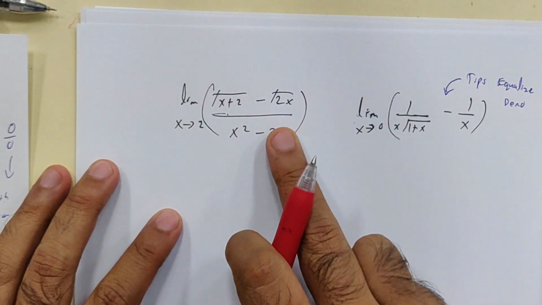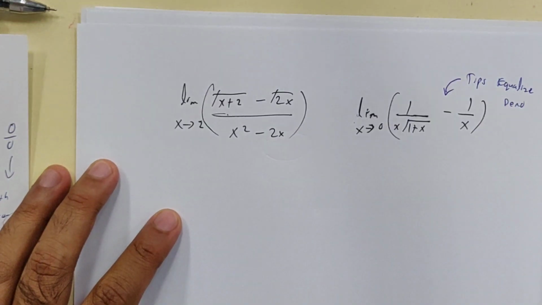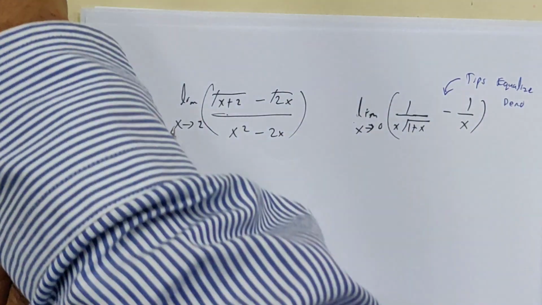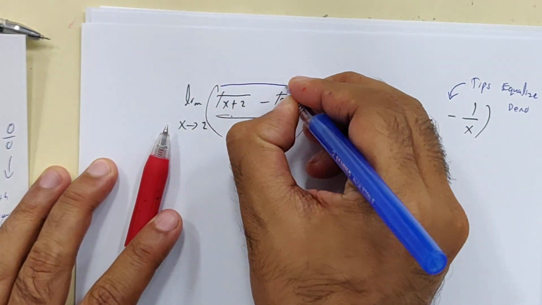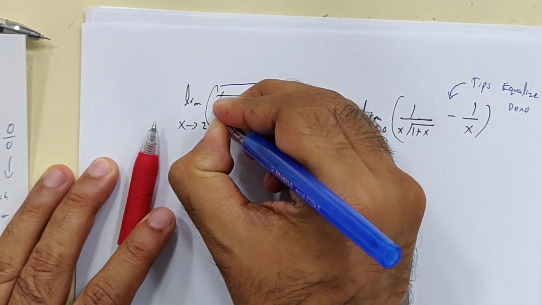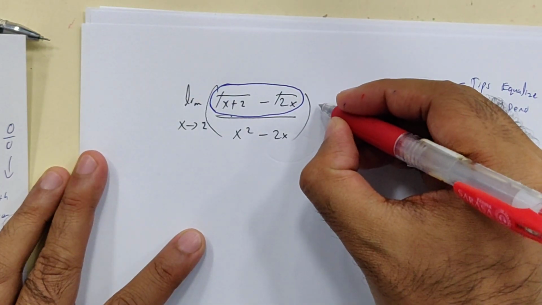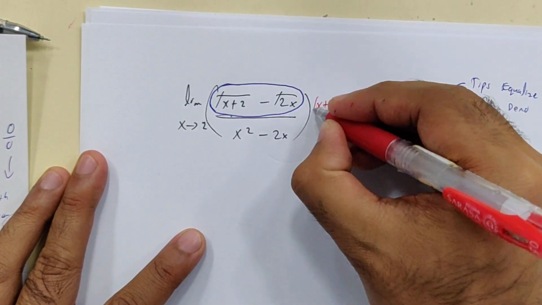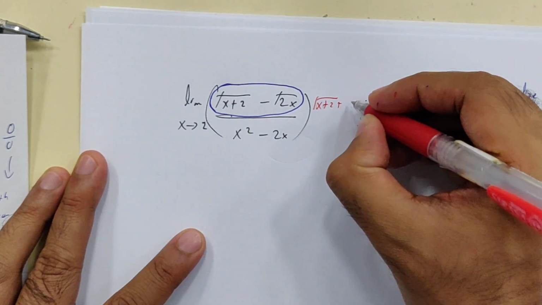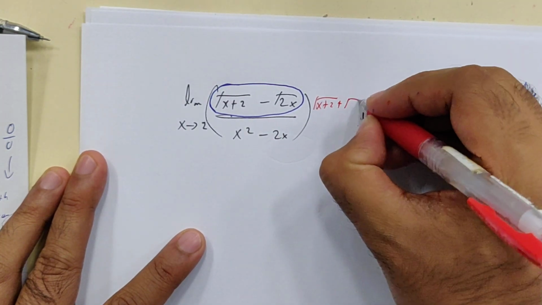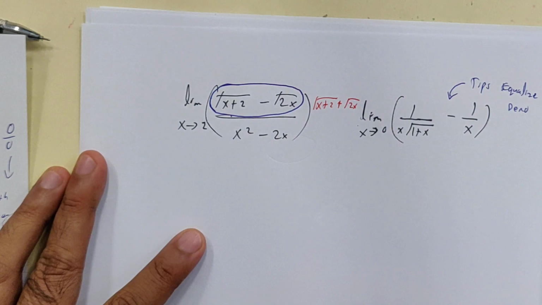Okay, for the first question, you should conjugate with what? This up here. Why this one here? Because there's a square root up there. So the conjugate will be square root of x plus 2 plus square root of 2x.